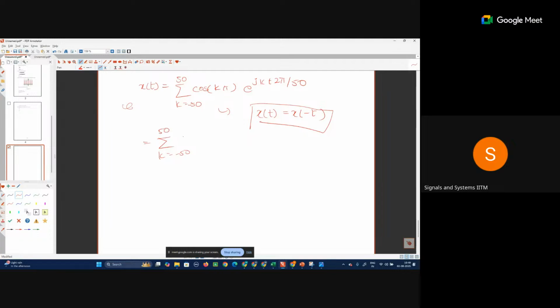We get the summation of k equals minus 50 to 50 of cos k pi e power j k, and since it is minus t, e power j minus k t 2 pi by 50. We can write it this way, right?